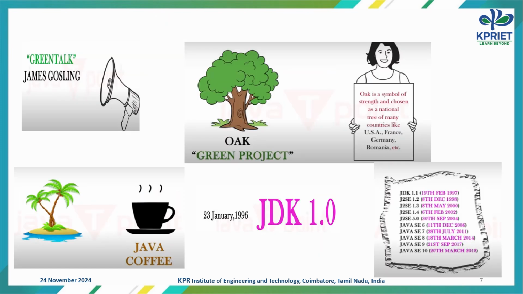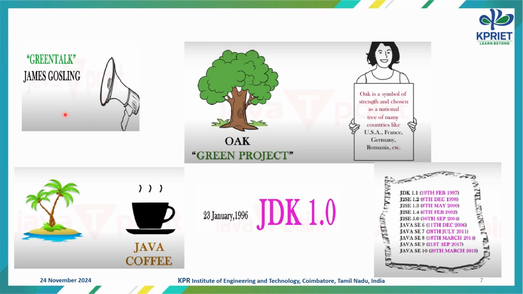Initially it was designed only for embedded systems, like a set-top box, because at the time television was famous. So they started this for embedded systems in electronic applications like set-top boxes. It was called Green Talk by James Gosling, and they gave an extension called .gt, like .c, .cpp.